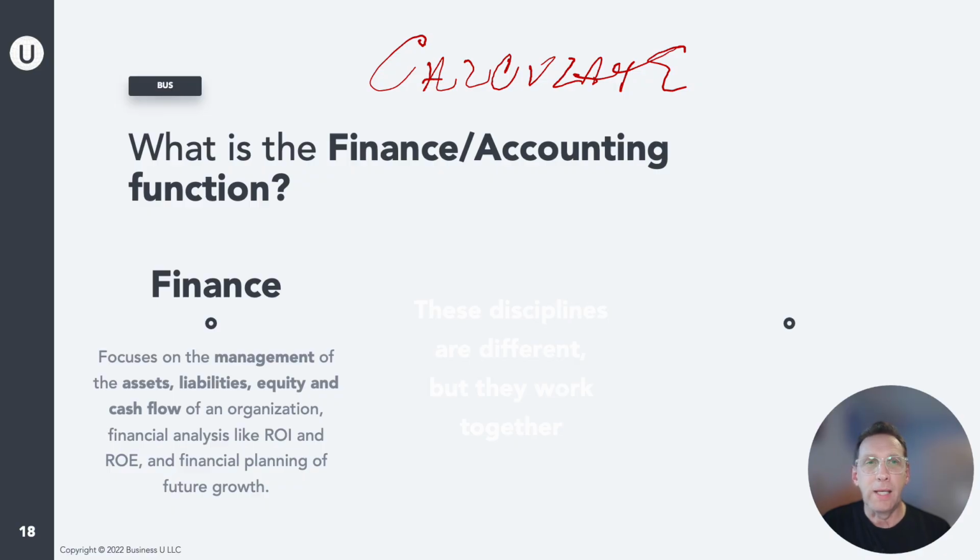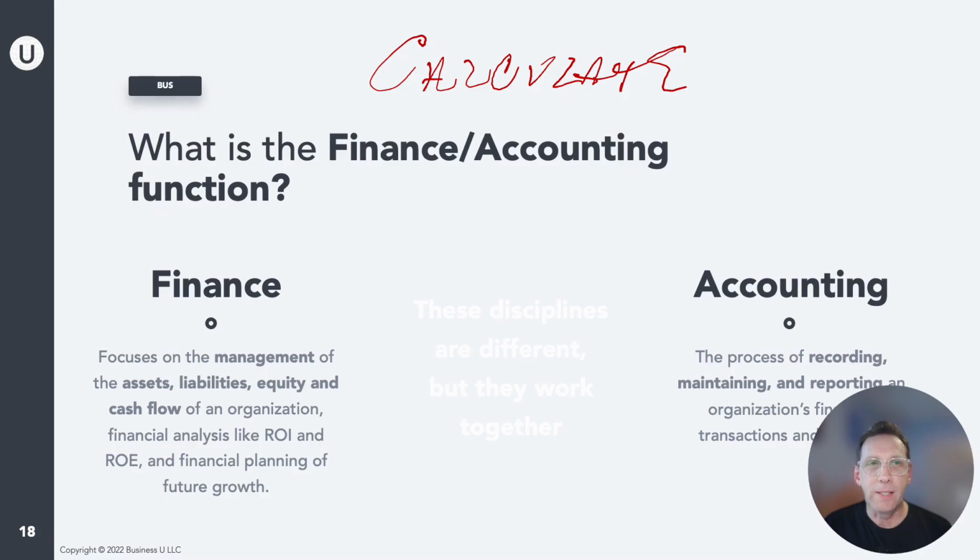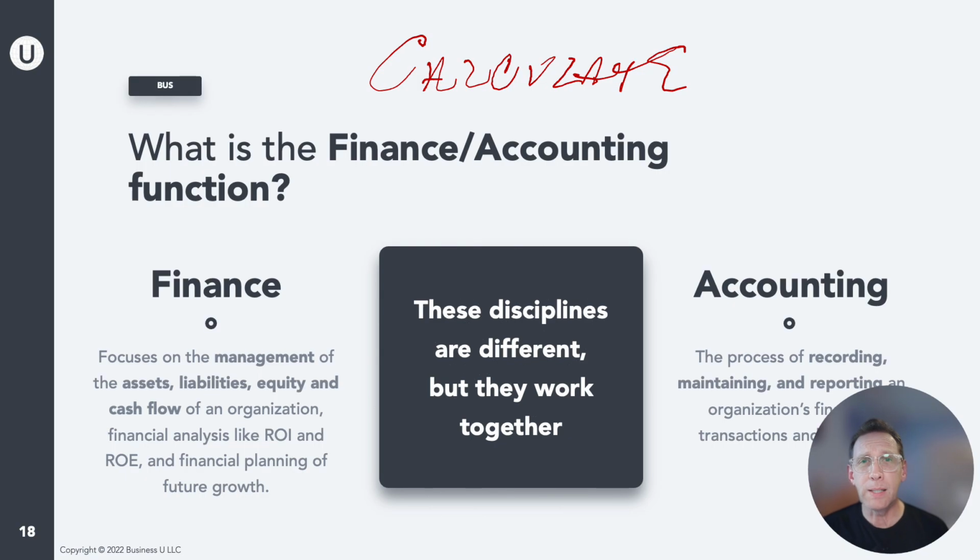And financial planning is the future growth of the company. Then you've got accounting. This is the process of recording, maintaining, and reporting an organization's finances, transactions, and records. Now, they may seem like different disciplines. They are different disciplines, but they work together to get a complete picture of the business.